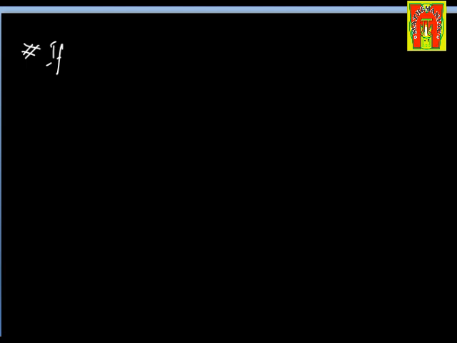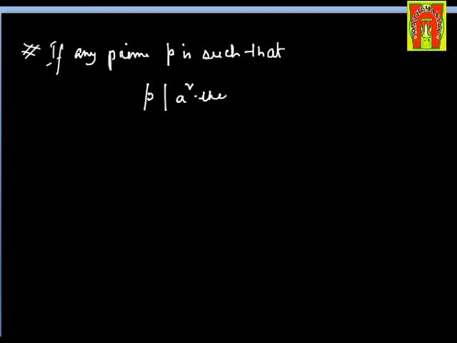If any prime p is such that p divides a square, in symbols, then p divides a, right?